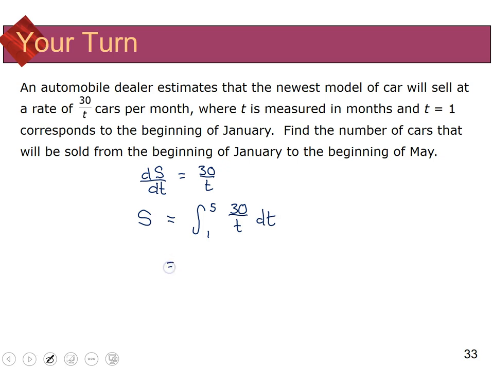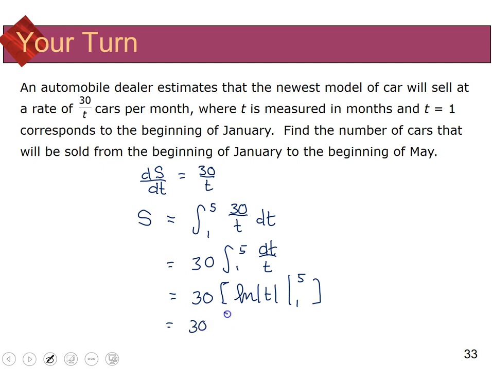So I'm going to have 30 times the integral from 1 to 5 of dt/t, which we know is the natural log. So I have 30 times the natural log of the absolute value of t, evaluated from 1 to 5. That's 30 times the natural log of 5 minus the natural log of 1.